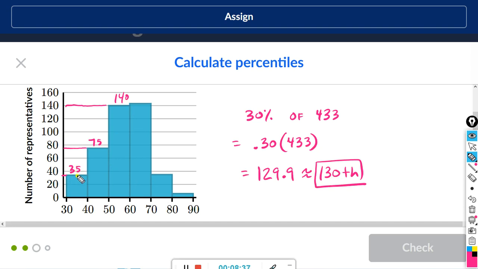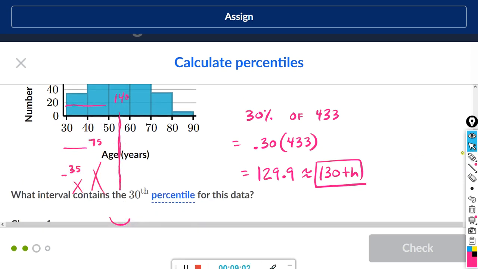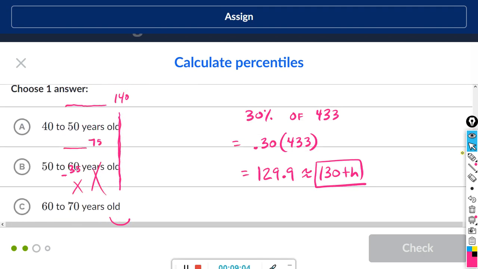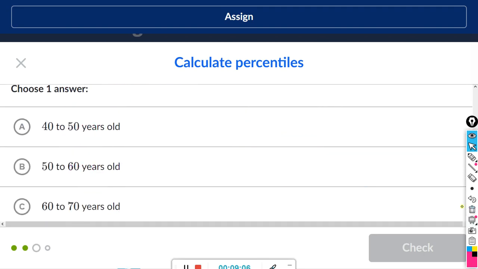So the first 35 plus 75 is going to be 110. So the first 110 are in the first two bars. Since we want the 130th one, it's going to be in this bar right here. So the interval we're looking for goes from 50 to 60. And that is answer B.